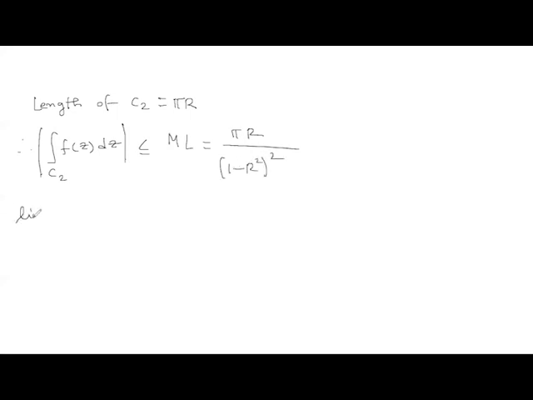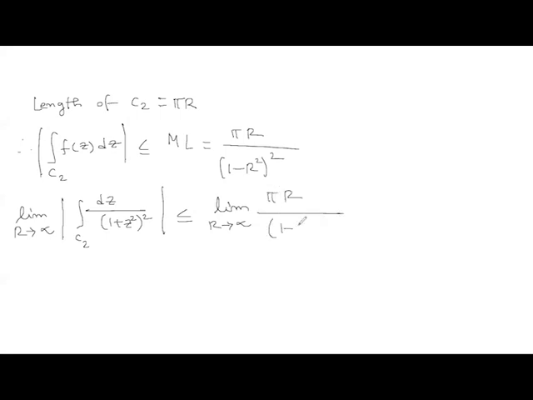So now if we take the limit as R tends to infinity, mod of the integral over C2 of dz by (1 plus z square) whole square is less than or equal to the limit as R tends to infinity of pi R by (1 minus R square) whole square, which is equal to 0.